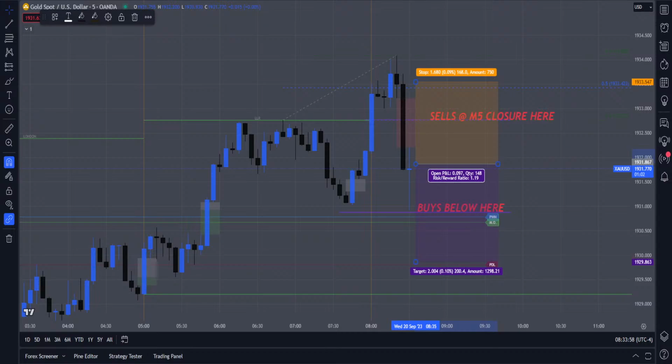Not sure why it's moving the wrong stop loss or whatever.